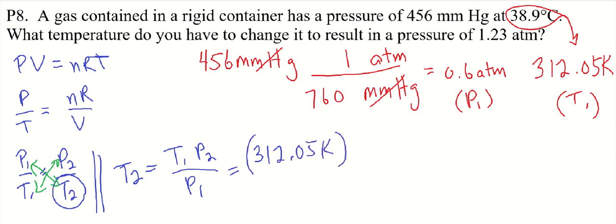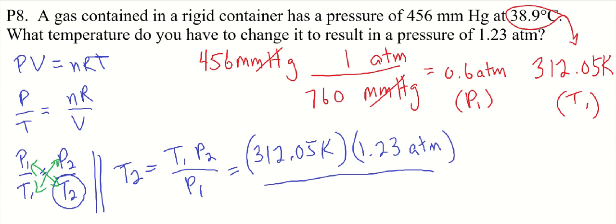Our final pressure is 1.23 atmospheres, and our initial pressure is 0.6 atmospheres. Atmospheres cancel out, and we'll be left with temperature. How many sig figs do we need? 3 sig figs. We can just do 640. I'll put a dot there to signify that they're all significant. Kelvin.